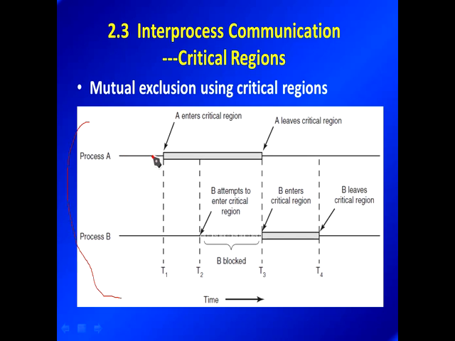When process A is already in its related critical region, this gray rectangle means process A is executing some instructions to access the shared data or file, and this data and file are shared with process B, right?